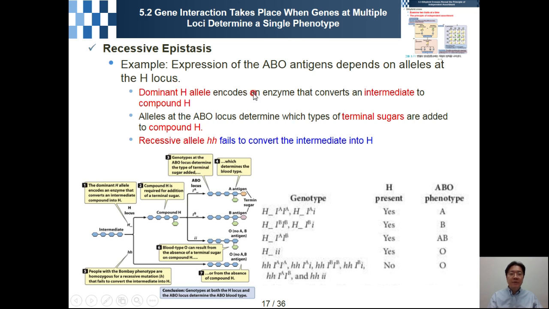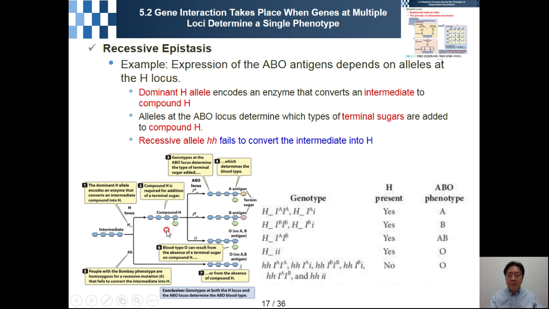encodes an enzyme that converts an intermediate to compound H. So this is the intermediate. If there is the dominant H, they will add another sugar.